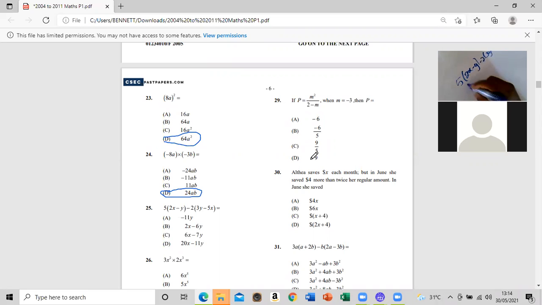So 5 times 2x is 10x. 5 times y is negative 5y. Minus 2 times 3y is negative 6y. A negative times a negative gives us a positive 10x, right? So this gives us 20x.